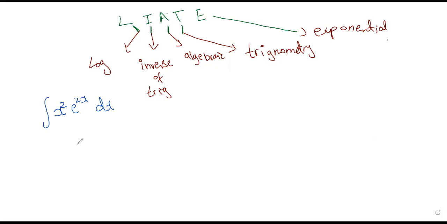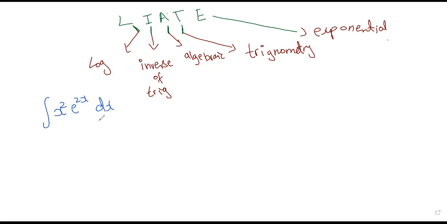Now the question is that we can think of doing it through substitution and product rule as well. But the first choice of preference should be integration by parts, because if you apply it, you would be able to know whether you can integrate it or not.